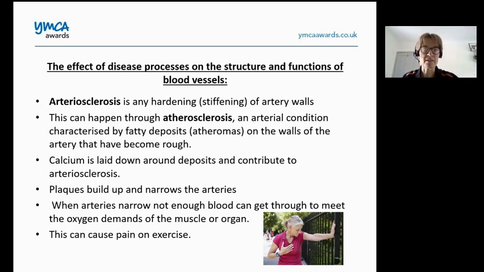I try to remember "arterio" because it sounds like a harder word, whereas atherosclerosis is the one where we're looking at fatty deposits, and "athero" seems a bit more of a slippery, slimy word. So the process of arteriosclerosis, that hardening, can happen through atherosclerosis.